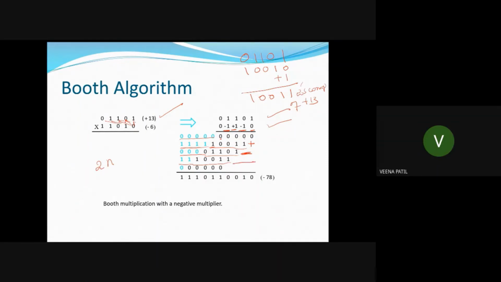Okay. The last bit is 0. So when it is 0, need not do anything. Simply write zeros. Now add all the partial products. Once you add the partial products, you are going to get the final answer, that is minus 78.